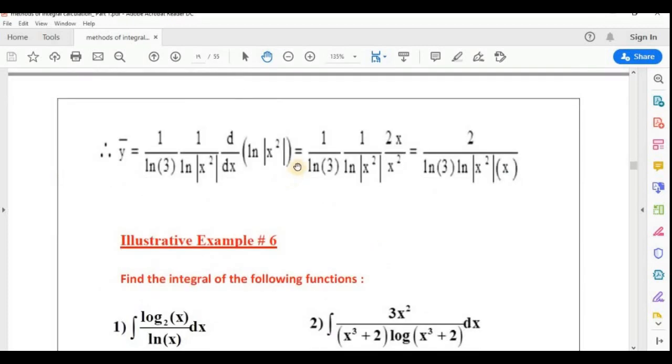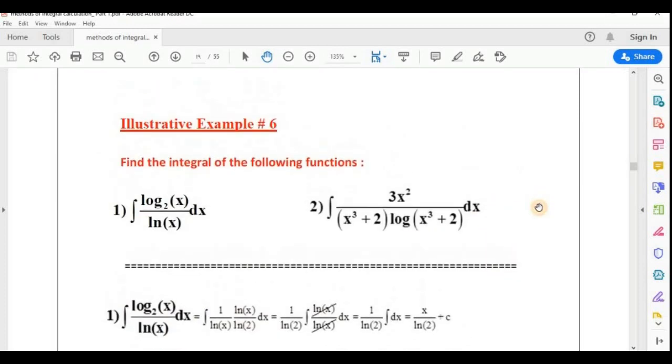So we will get this answer: 1 divided by ln 3, times 1 over x². The derivative of this one will be 2x divided by x². After the simplification, we will have this final answer.